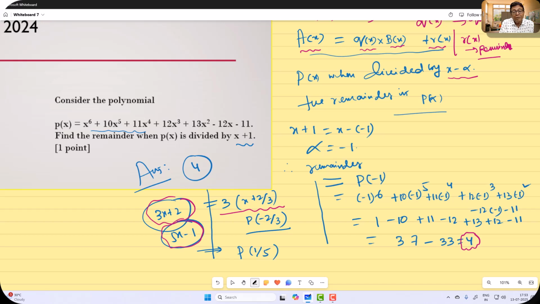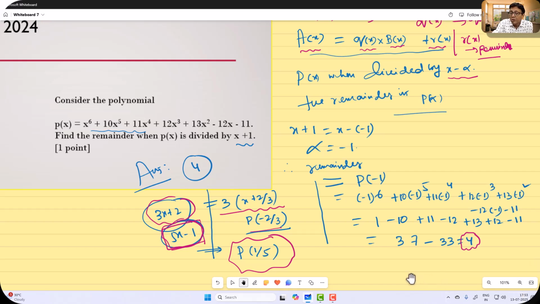The remainder will be, what is alpha over there then? x minus minus 2/3, so p(minus 2/3) is going to be the remainder. And when you divide by 5x minus 1, how to calculate the remainder? You might have done this before, I am just reminding you here. The remainder is going to be p(1/5). Okay?